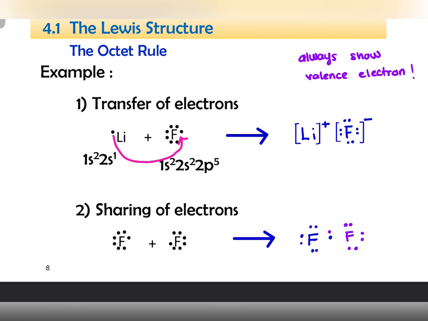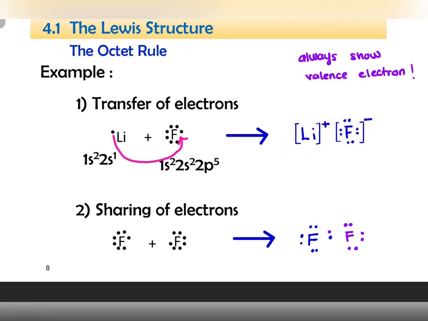And don't forget to write the valence electron. Bila kamu tulis, jangan lupalah kita tulis semula dia punya valence electron for fluorine, tadi kita ada 7 kan, ada 7 dot. 1, 2, 3, 4, 5, 6, 7. Tapi satu elektron ni kita tambah add.